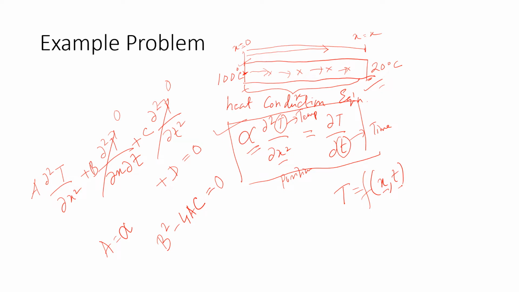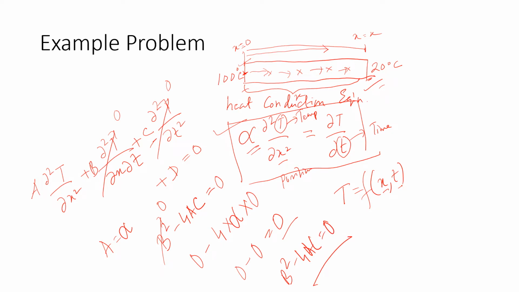Here b is 0, so b square becomes 0, and a is alpha but c is 0. There is no del square T by del t square term, so its coefficient is also 0. So this becomes 0 minus 0, which is 0.